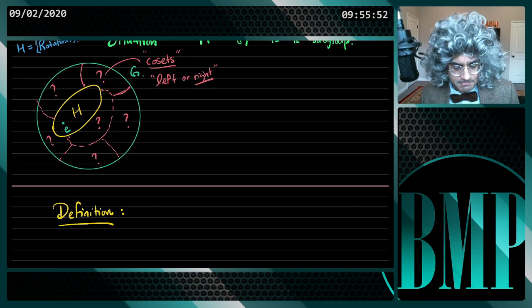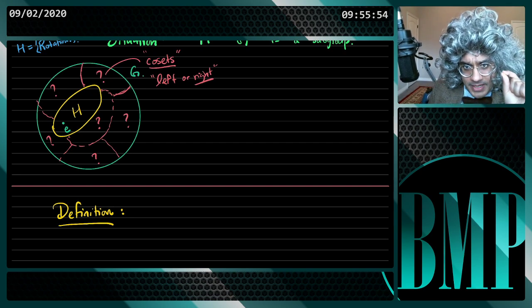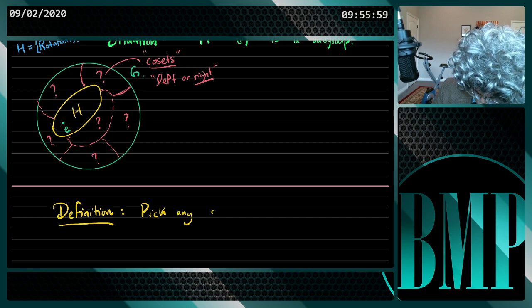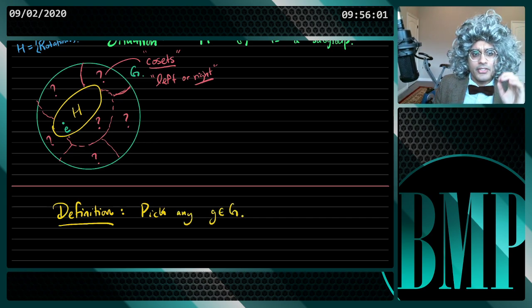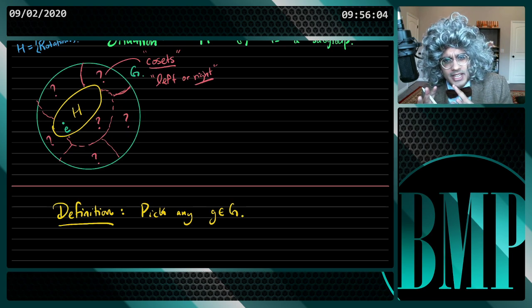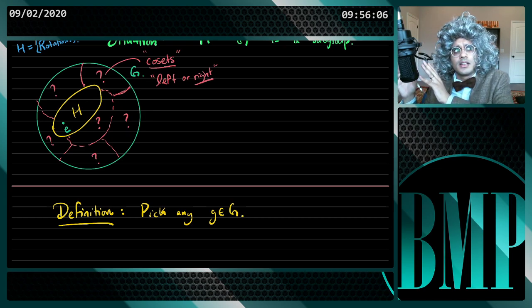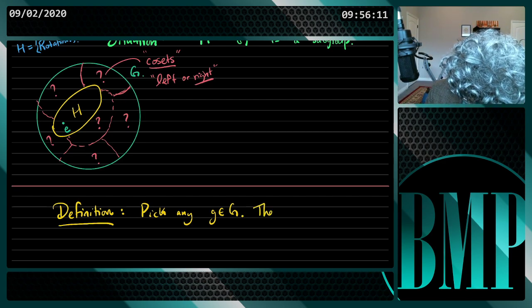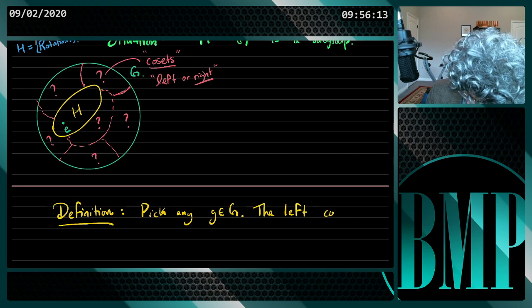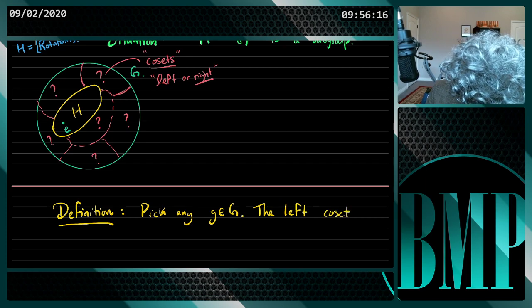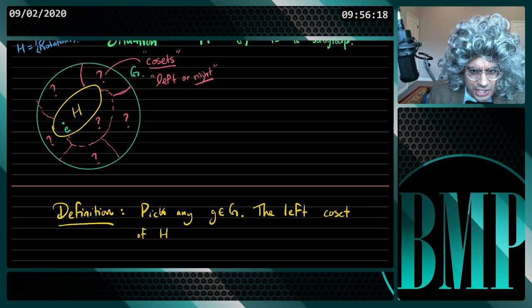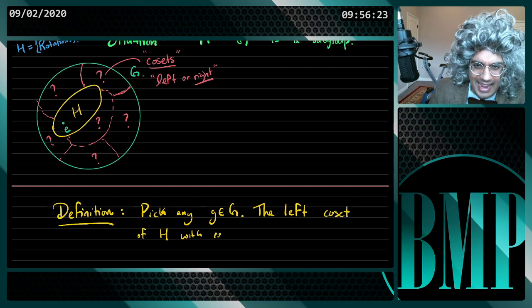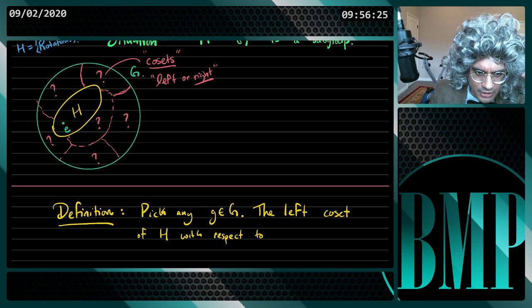Okay, so here's a definition. Pick any element in the group. Then the left coset attached to g, the left coset of H with respect to g, I don't know how to say it anymore.